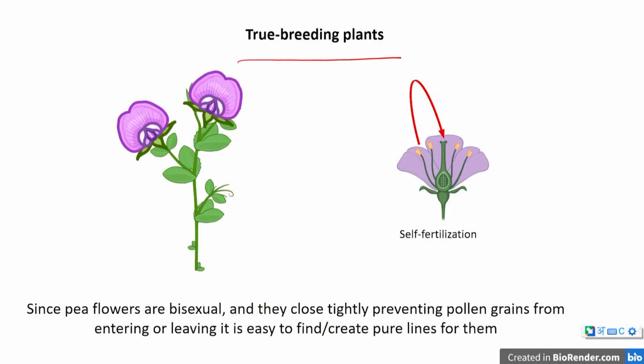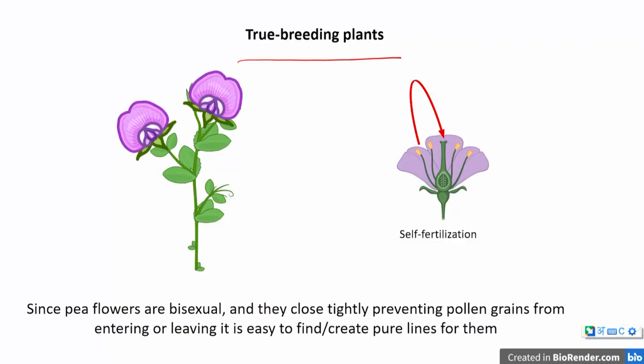We will come to genotype and phenotype in a minute, but understand this concept: the true breeders always give you the same phenotype over and over again. There will be no variability, and we get the same phenotype because they have the same genotype. There is no outside mixing of different characters. So, that is one important thing.